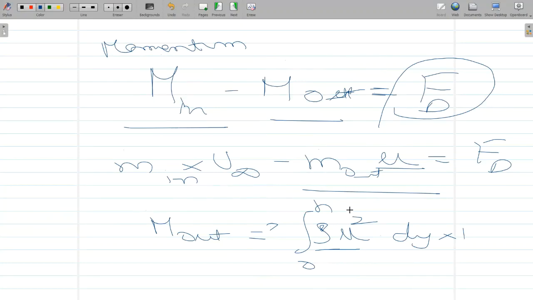Unity to consider the dimension of the perpendicular direction. So rho u square dy, integrated from 0 to h, would give you your momentum that is moving out. So let me calculate that. Momentum that is going out is equal to, I can take rho outside, and you have integral u square dy, 0 to h.